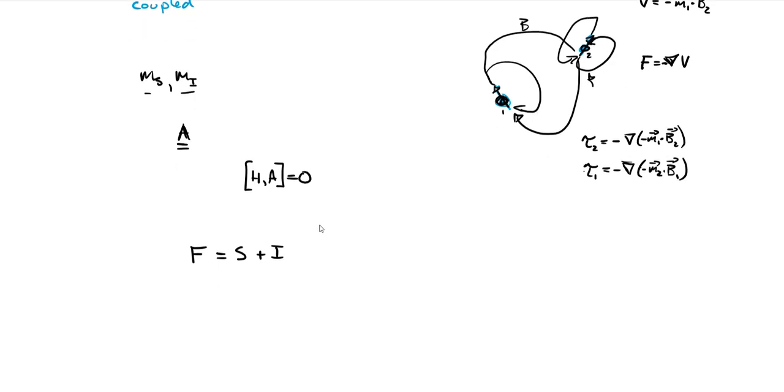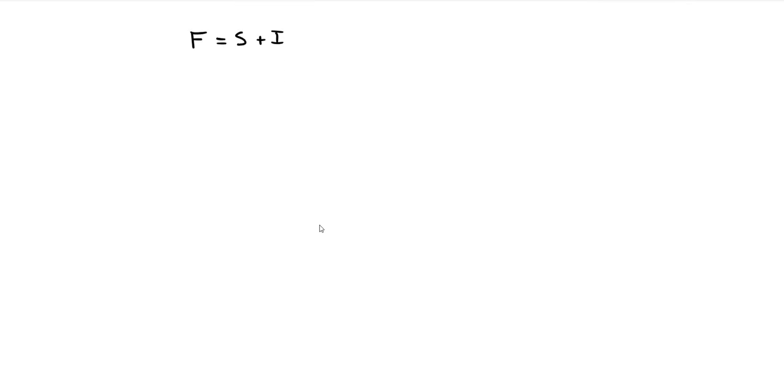This total angular momentum operator is going to have components that are going to be exactly what you would expect, right? Just the sum of the components of the individual spin operators, and likewise for Fz, Sz plus Iz.